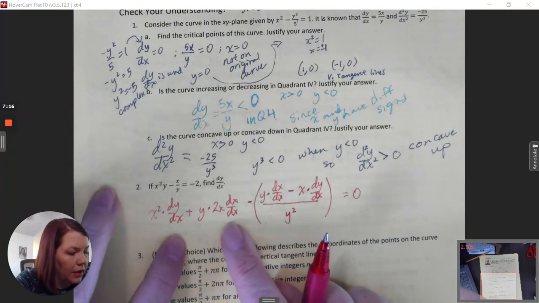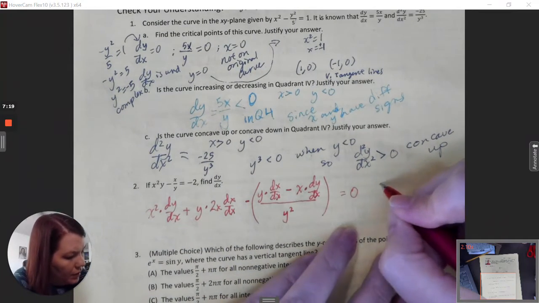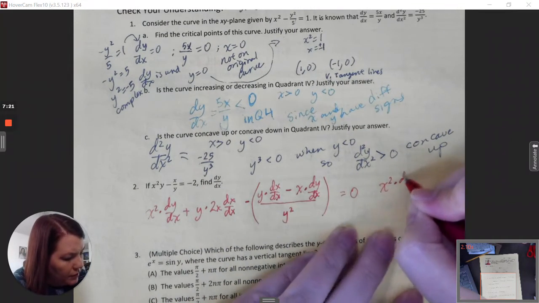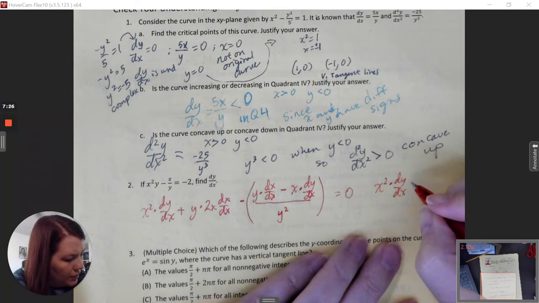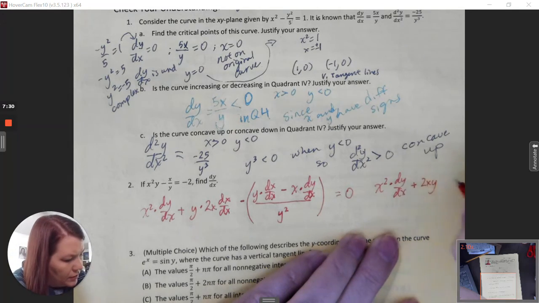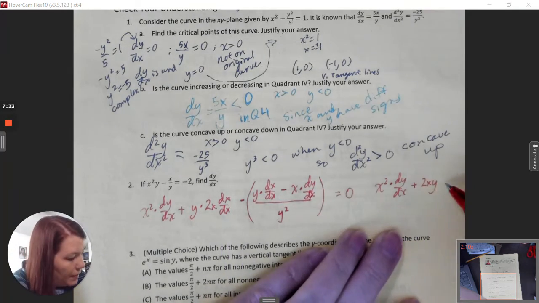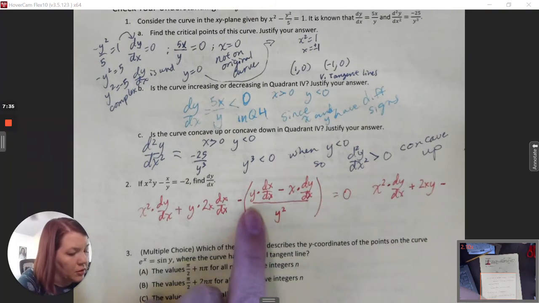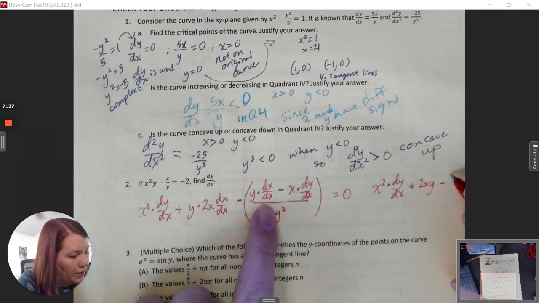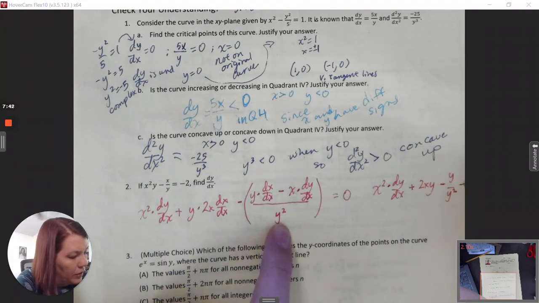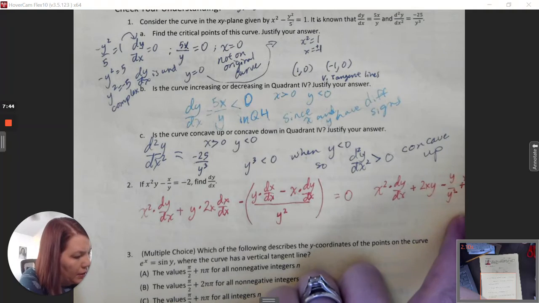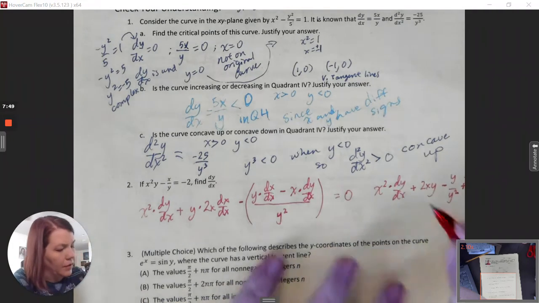So cleaning up, we have x squared dy dx plus 2xy, 1 minus, I'm going to distribute, I have y times 1 over y squared, separating, plus x dy dx over y squared equals 0.